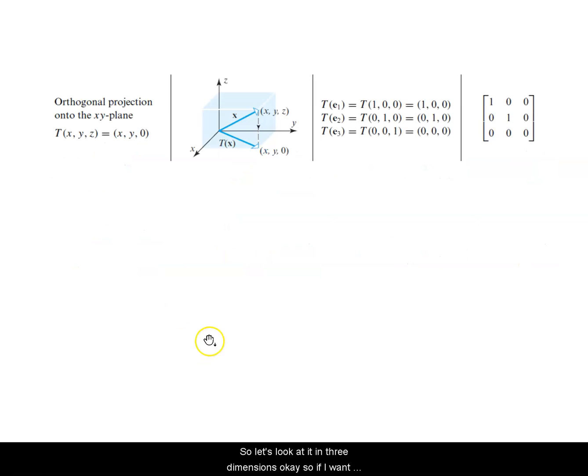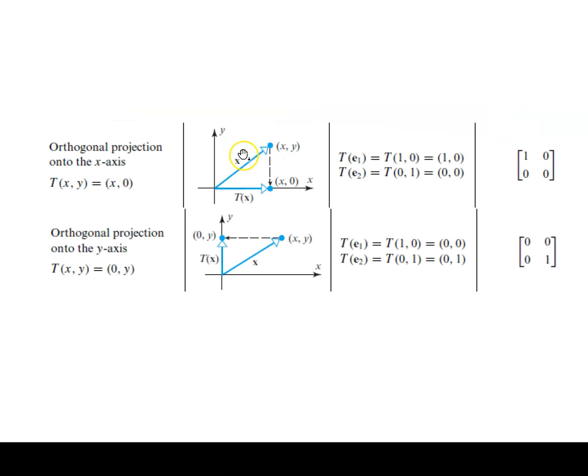So let's look at it in 3 dimensions, okay? If I want to project onto the xy plane, that's the plane down here, and I have a vector that is going upwards, it has an up and down component. I'm going to take away the up and down component and bring it back into our regular x, y 2 dimensions that I'm used to. Imagine now I have a vector that's coming out of the screen and I need to project that into the 2-dimensional world.